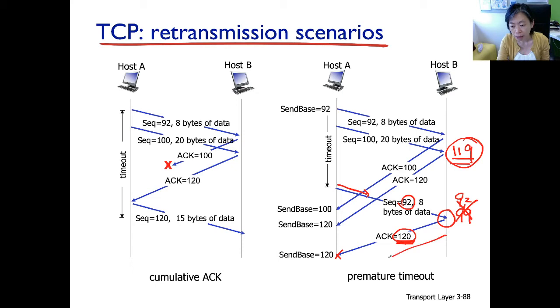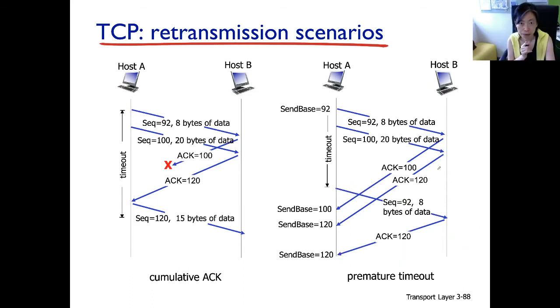The second packet here with sequence number 100 will also arrive at the receiver, and it's saying that it's receiving from 100 to 119. This is going to be ignored as well because, yeah, bytes 100 to 119 have already been passed up to the application layer. So another ACK 120 is going to be sent back to the sender. And the sender is just going to ignore it again.